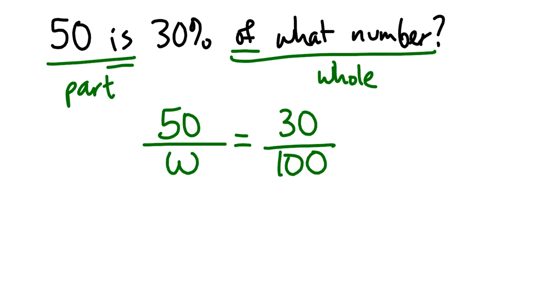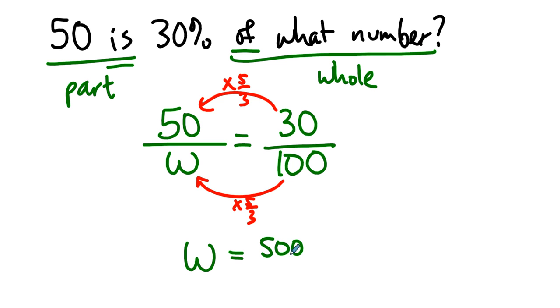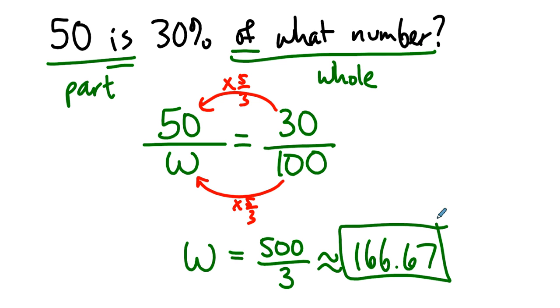And so then either by figuring, well, to go from 30 to 50, we multiply by 5/3. So to go from 100 to W, we multiply by 5/3. Or by cross multiplying, we figure out that W is 500/3, about 166.67.